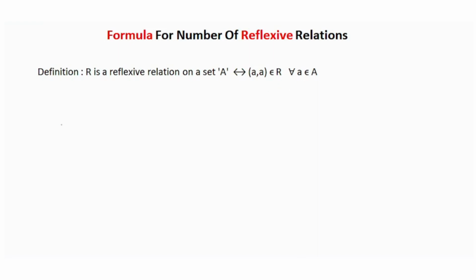For example, let me discuss a set. A is equal to the set {1, 2}. A is a small set.